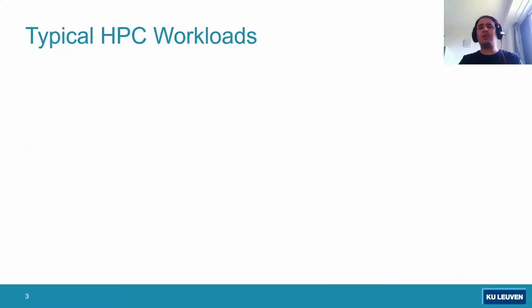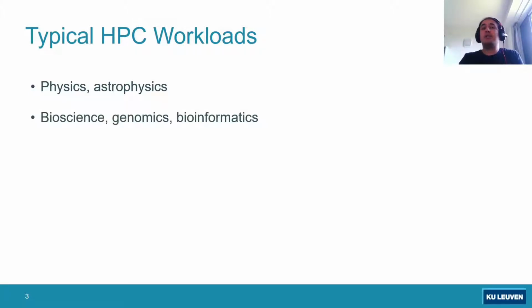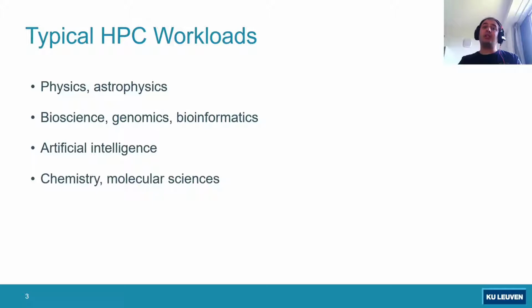And typical HPC workloads: there is a wide range of different applications you can imagine for high performance computing. But the most famous ones are in physics, astrophysics, biosciences, bioinformatics, genomics, and artificial intelligence, as well as chemistry and molecular sciences.